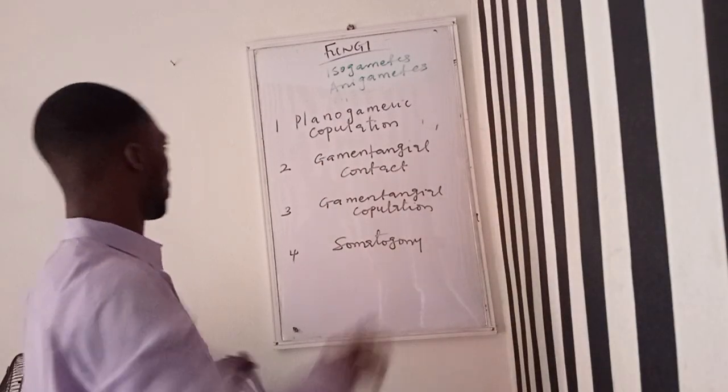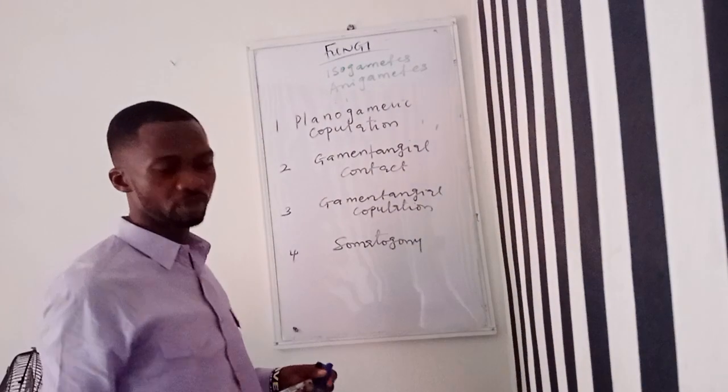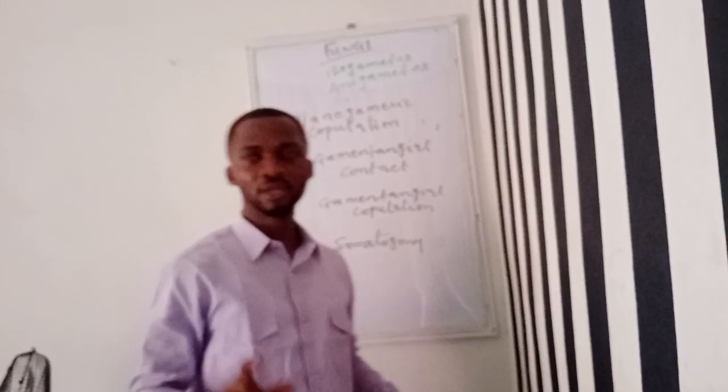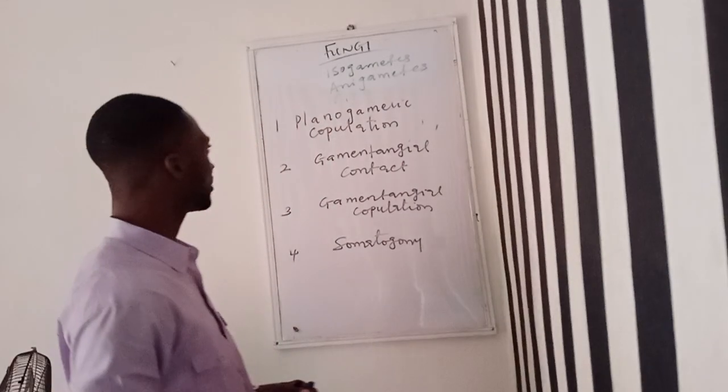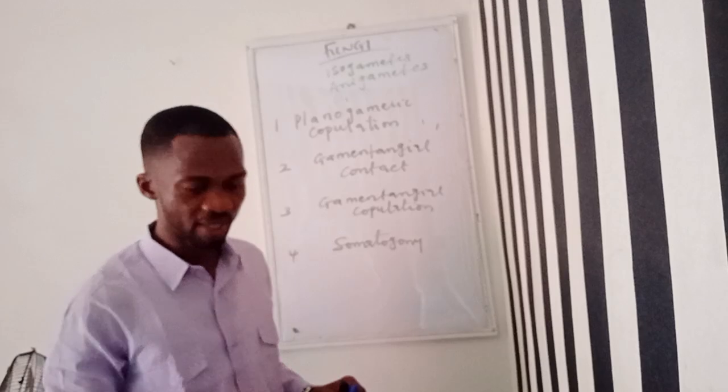Okay. So we have explained planogametic copulation, that it involves the fusion of two naked gametes. Then in gametangial contact, two opposite gametangia fuse together.